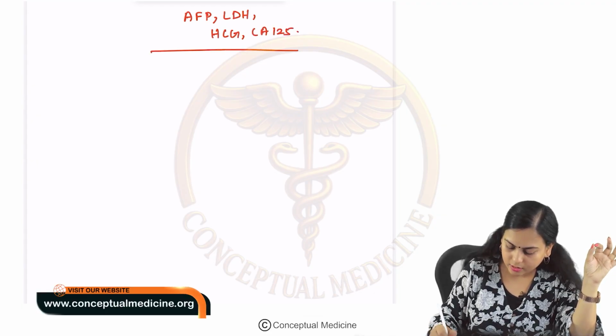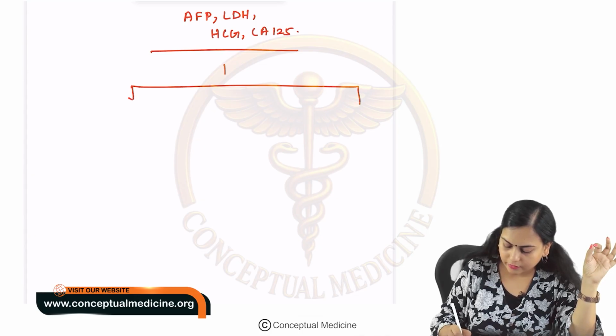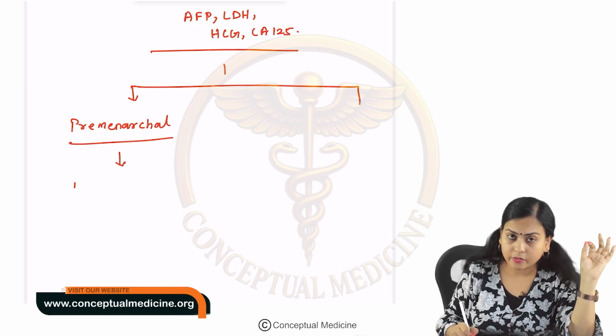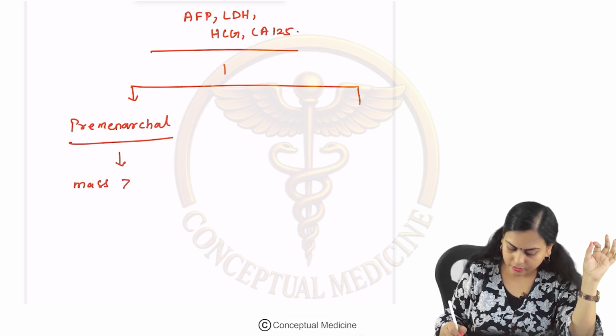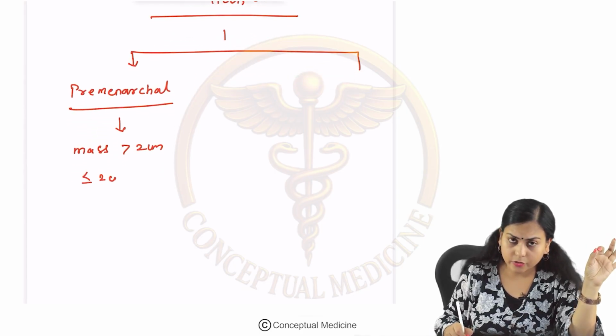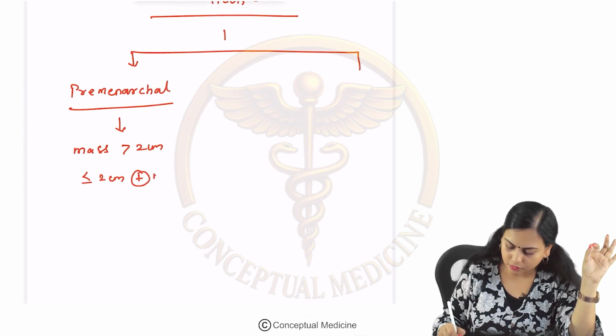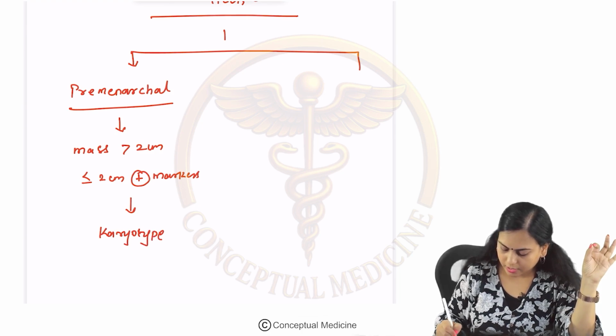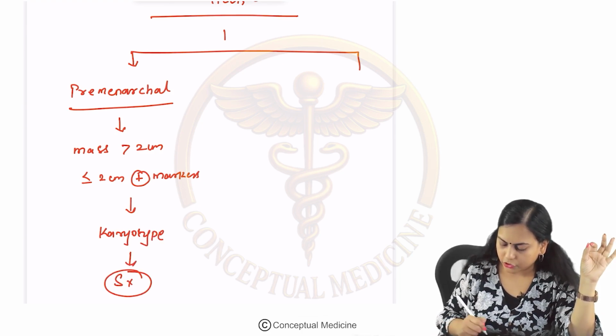If they fall in the premenarchal age group, you have to check the mass size. If the mass size is more than 2 cm, or less than or equal to 2 cm but with positive markers, then you will do a karyotype and offer them surgery.